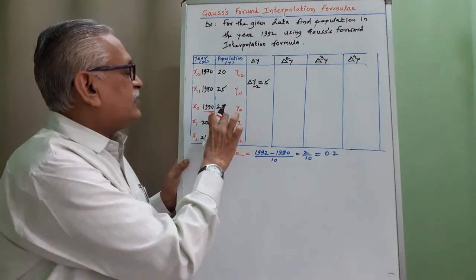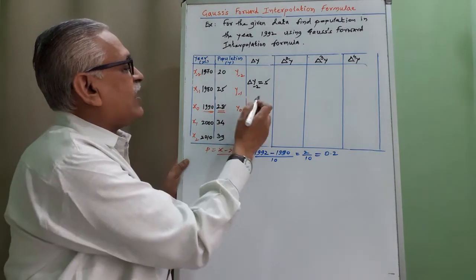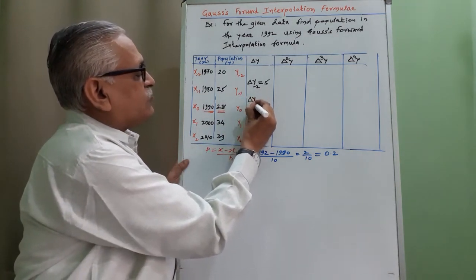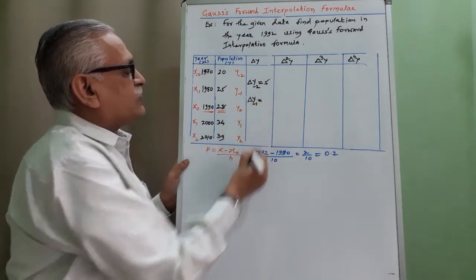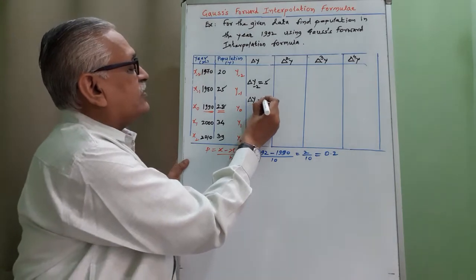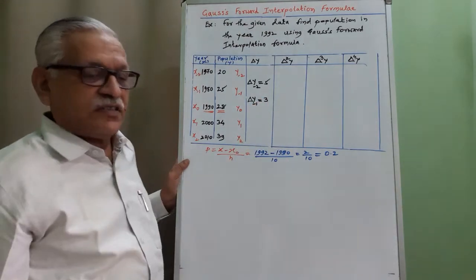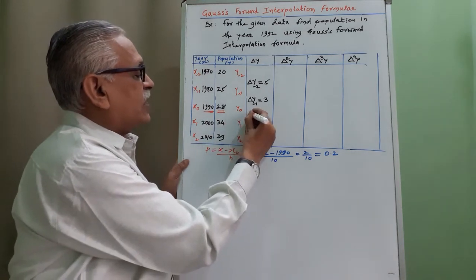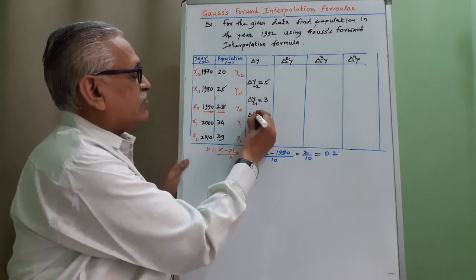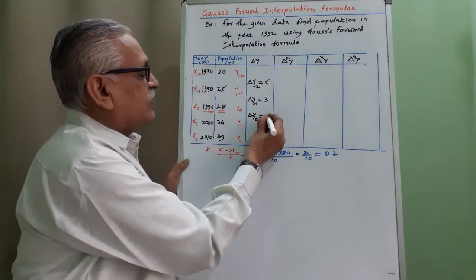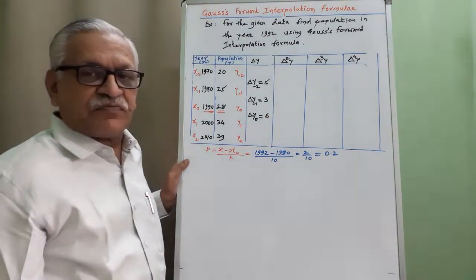Okay, next y0 minus y minus 1 is del y minus 1, and that is equal to 28 minus 25, we get 3. Next, y1 minus y0 is del y0, and that is 34 minus 28, we get that value as 6.